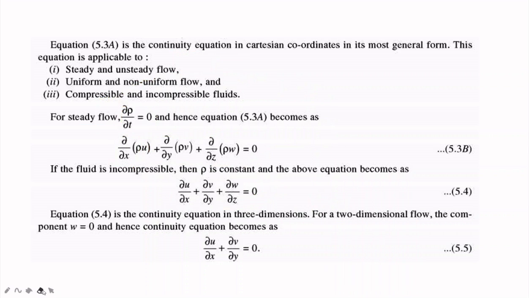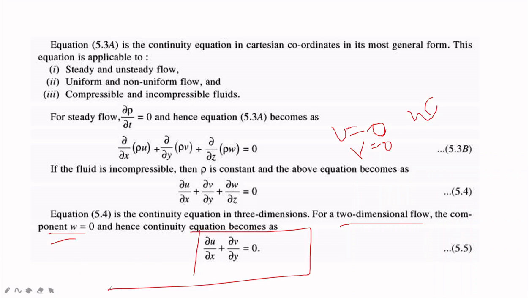What is the continuity equation in 3D for a 2-dimensional flow? When the flow is 2-dimensional, either u is equal to 0, or v is equal to 0, or w is equal to 0. Here the author directly took w equal to 0, and the continuity equation in 2 dimensions is ∂u/∂x + ∂v/∂y = 0.